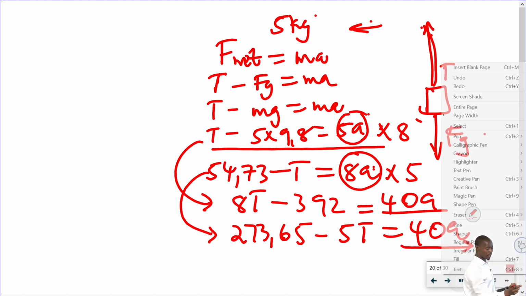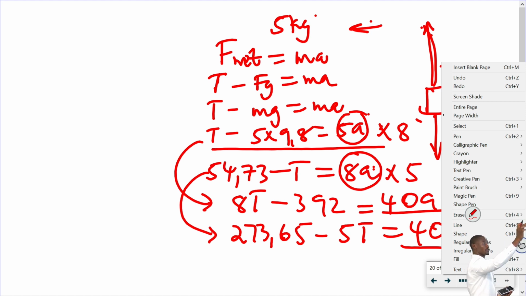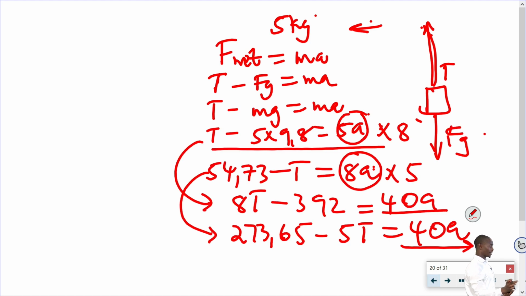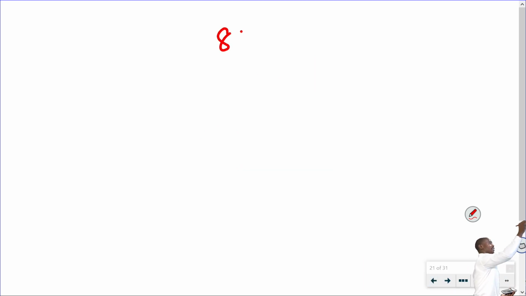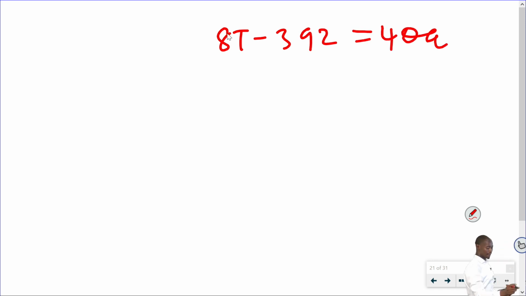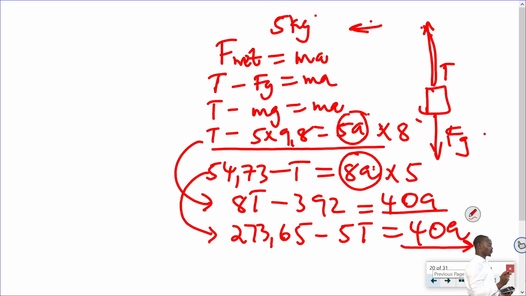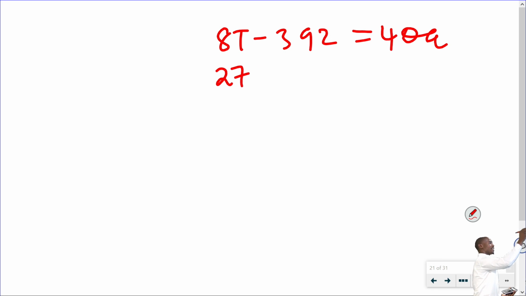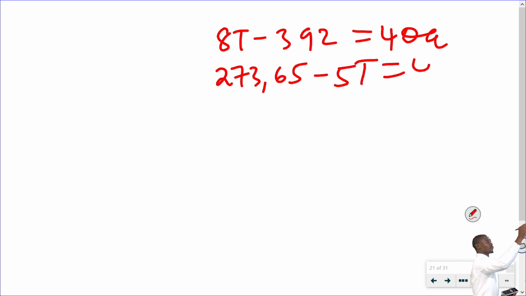So let me add another page. Okay, so let's go back. What am I having here? I'm having 8t minus 392 equals 40a, and the second one, 273.65 minus 5t equals 40a.